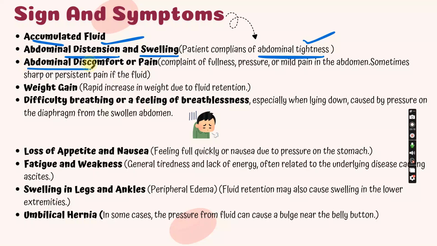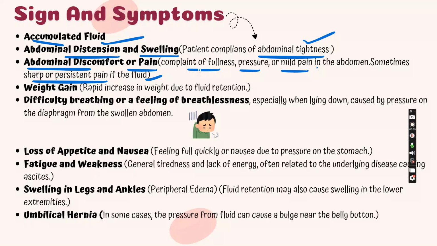Then we can see abdominal discomfort or pain, that is, a complaint of fullness, pressure, mild pain in the abdomen, sometimes sharp or persistent pain if the fluid is present. One more thing we have to observe is that we will be able to see prominent veins on the patient's belly.